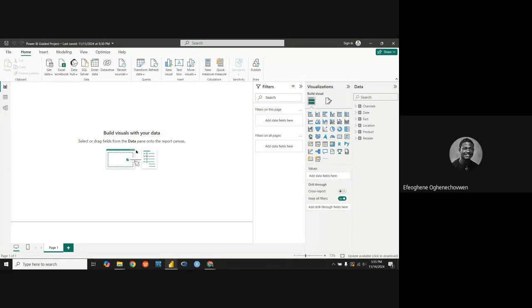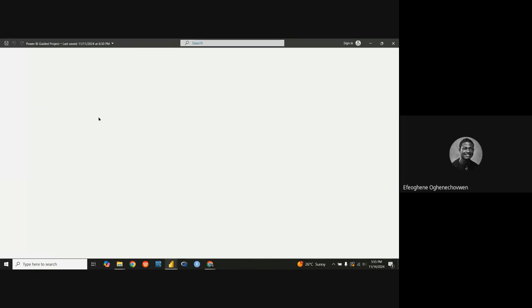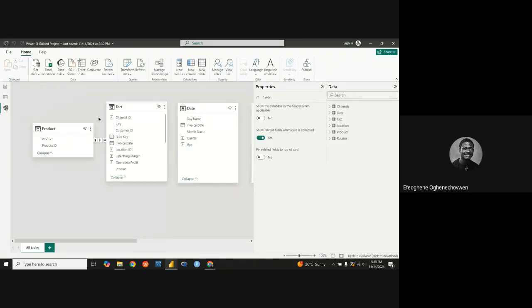All right, let me progress. The next thing we want to do is to come to our model view to create a relationship. We have different types of relationship, and Mr. Daniel already established that. Power BI is very intuitive.